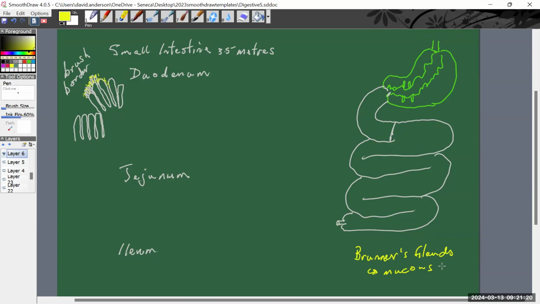So these are the glands that are going to be responsible for neutralizing some of the acids that come from the stomach. The Brunner's glands are located really throughout the small intestine, but concentrated in the duodenum. So they can decrease pH from the stomach. So that's one of the features that we describe as unique to the small intestine, and in particular, the duodenum.